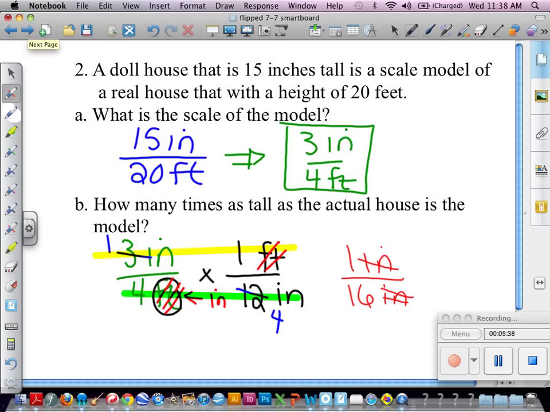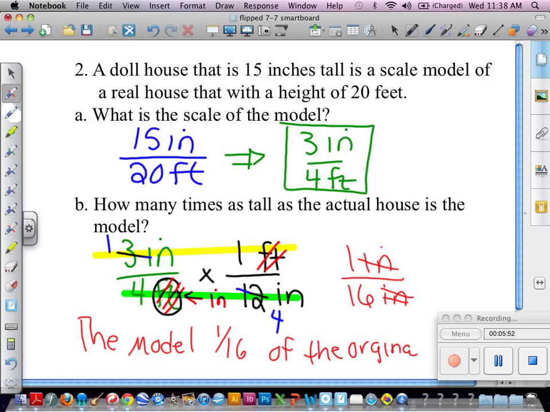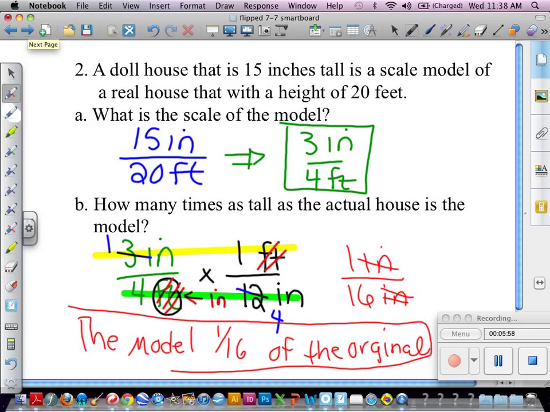So the model here is 1/16 of the original. And again, don't just write 1/16 down. You need to write a sentence here. Let me know what you're talking about, people.